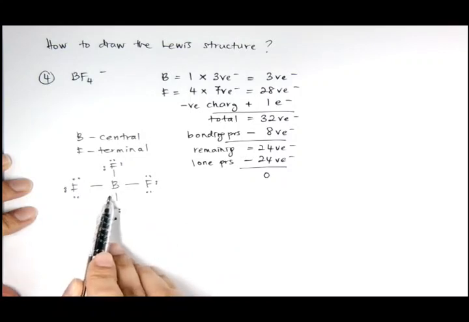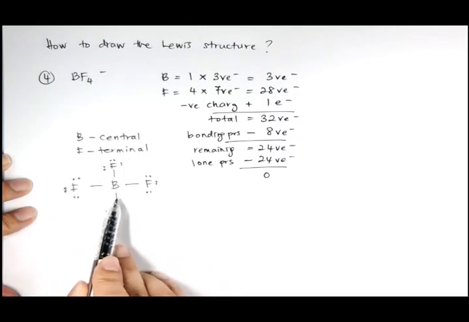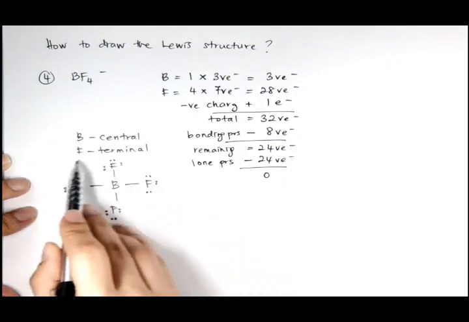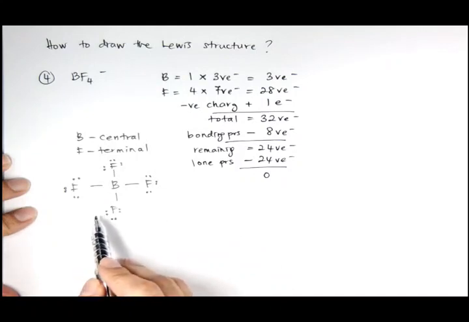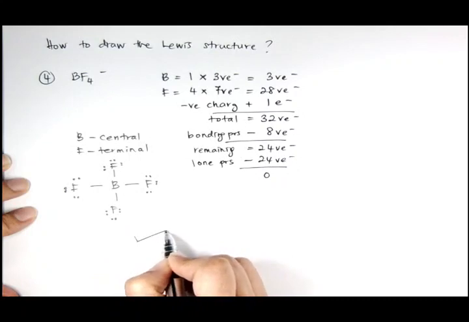Now check the central atom. Boron has 4 bonding pairs, which involve 8 electrons. So that shows boron has achieved octet configuration. That means this molecule satisfies the octet rule, so we can accept this structure as the stable Lewis structure.